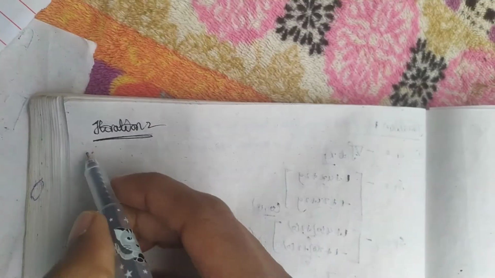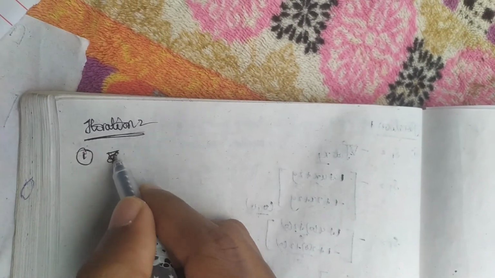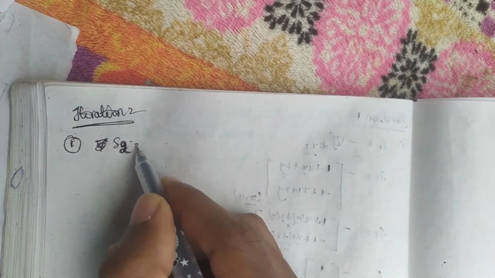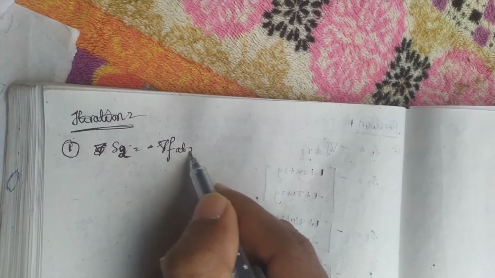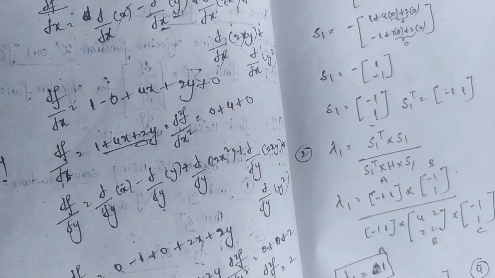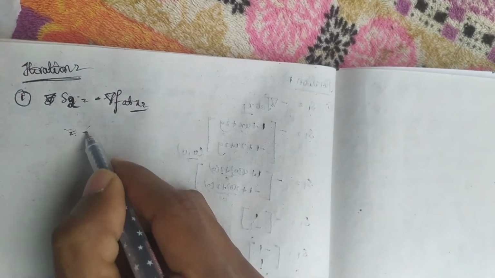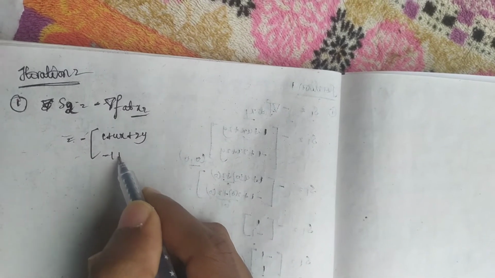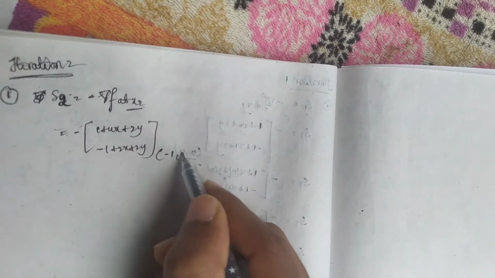So next, go for iteration 2. The first step in the procedure is finding S2. Now S2 equals minus grad f at the x2 point. So minus of 1 plus 4x plus 2y, minus 1 plus 2x plus 2y, at x2, meaning minus 1, 1.